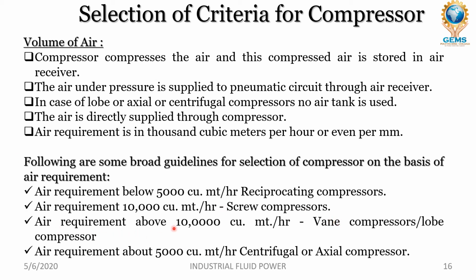If the air requirement is above 10,000, sorry, this is not 1 lakh, this is 10,000 cubic meter per hour, go for vane compressors or lobe compressors. If the air requirement is about 5000 or above 5000 cubic meter per hour, go for centrifugal or axial compressors.